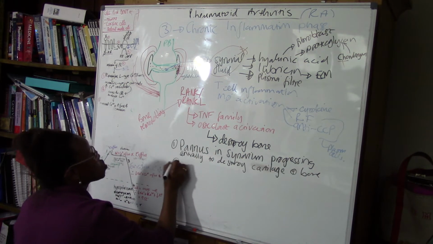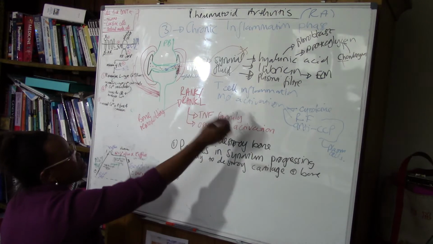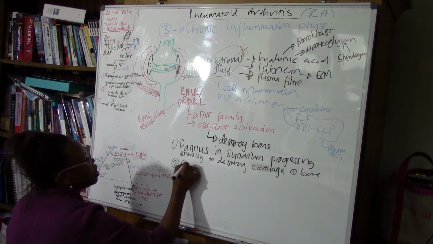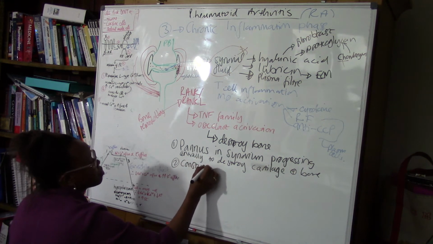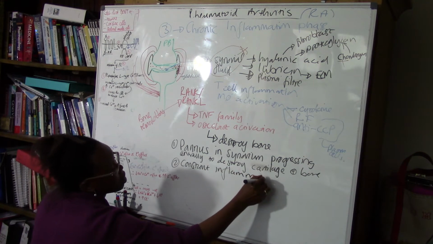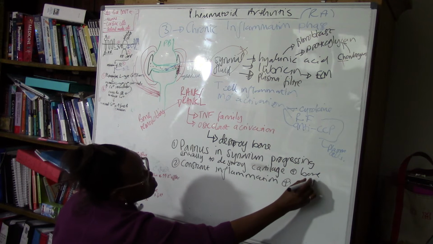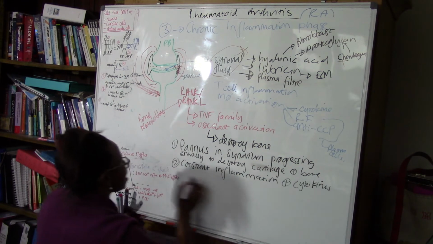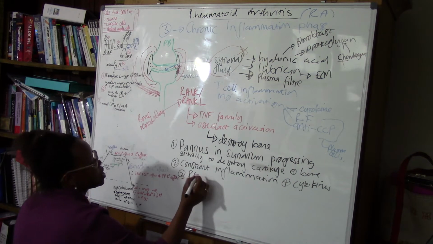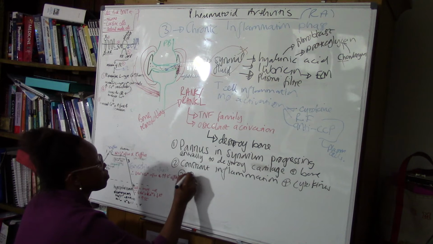And then we'll also have constant inflammatory cytokines and constant inflammation, really. And then we'll also have the RANK and RANK ligand, the TNF family. Shall we just say osteoclasts?